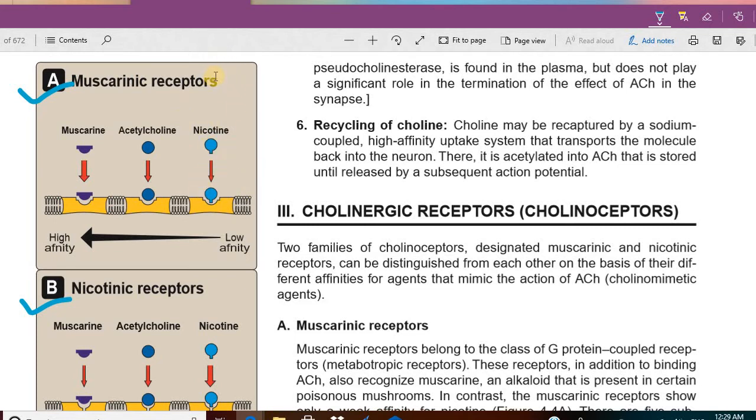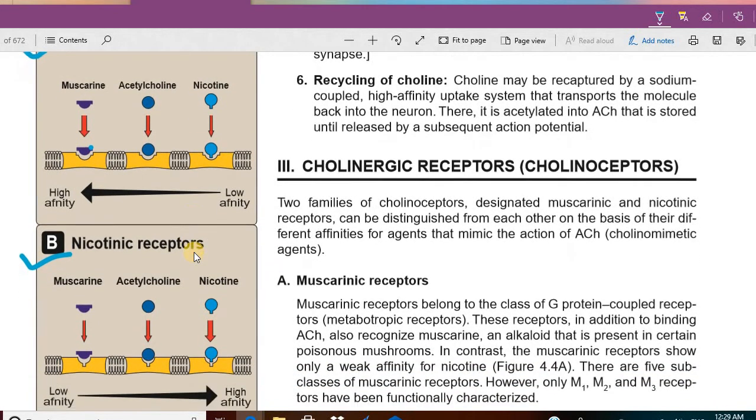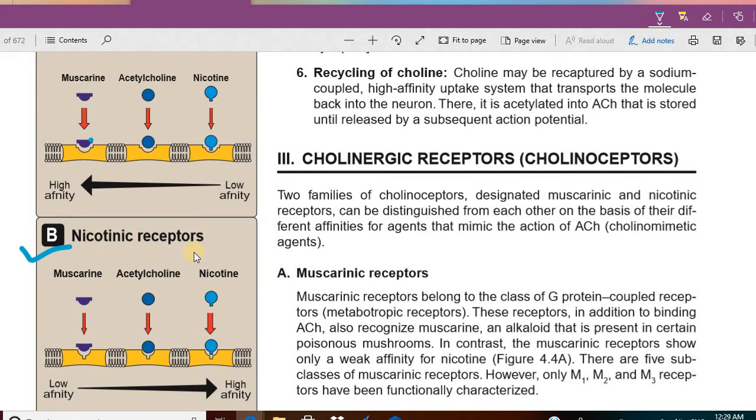So if the muscarinic drug comes, it has high affinity at the muscarinic receptor. So you can see it's low to high affinity. Muscarine की affinity ज़्यादा होगी as compared to the acetylcholine, और nicotine की acetylcholine की ज़्यादा होगी as compared to the nicotine. And downward they are discussing about the nicotinic receptor.